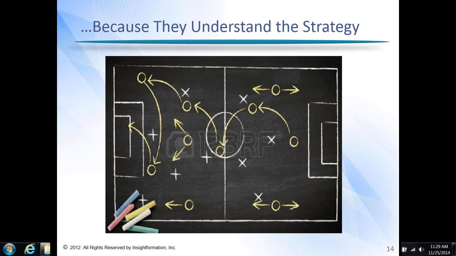And what enables that is that they have a strategy. They know how they're going to each play their role as a part of working together. And that's typically what's missing in a community. And so for collective impact to be most effective, it's helpful to go beyond just saying, we're going to agree we want to have children reading at grade level by 3rd grade and improve our high school graduation rates.